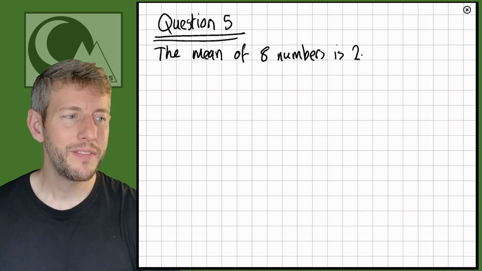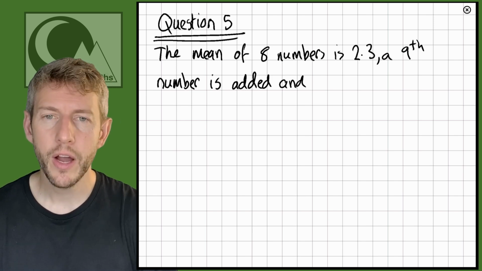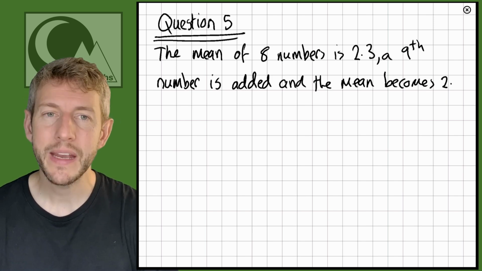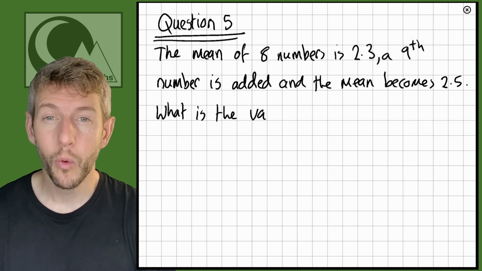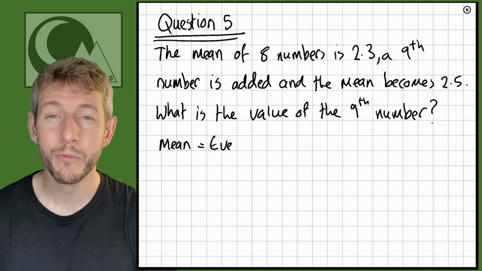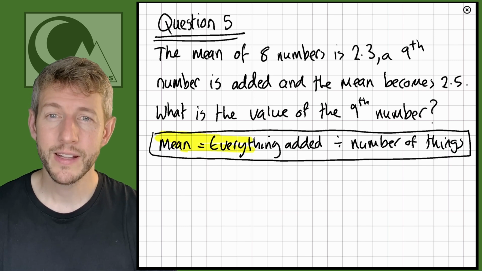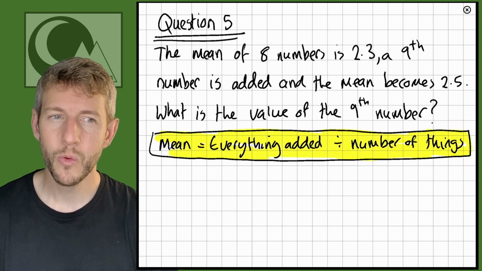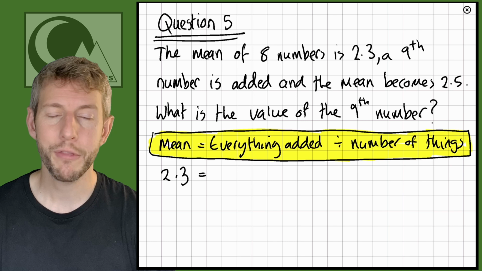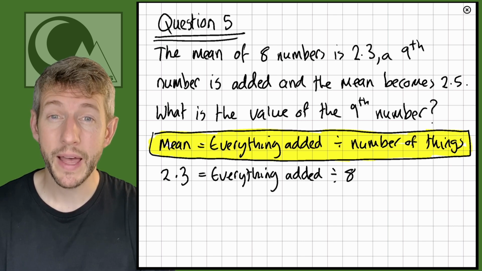So here we go. This question says the mean of 8 numbers is 2.3. A ninth number is added and the mean becomes 2.5. What is the value of the ninth number? Okay, so remember, the mean equals everything added together divided by the number of things. So we know that 2.3 equals everything added together divided by 8.